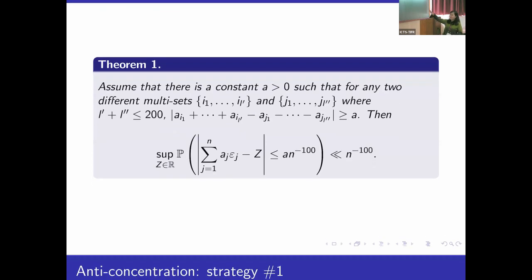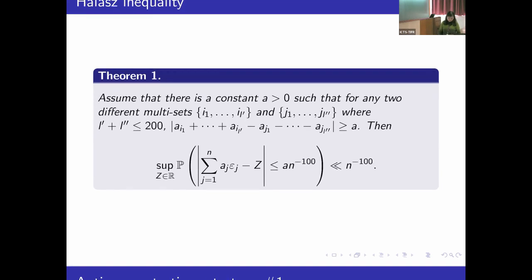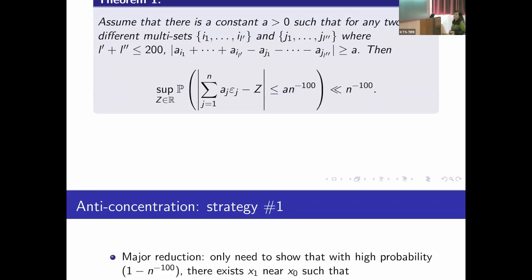In other words, if the A_i don't have an arithmetic structure, then we would have a good anti-concentration probability.